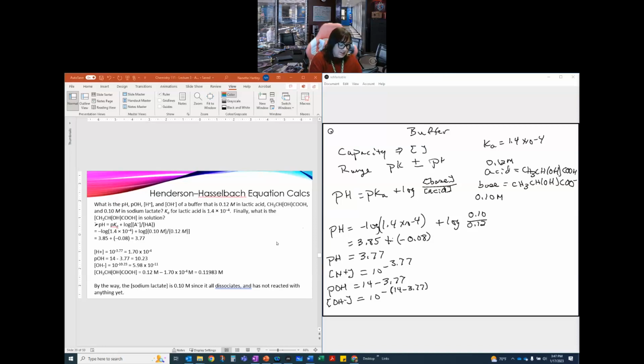So since that's my H plus, I know that's how much of it has come apart. So I do the correction, 0.12 minus that X, that gives me 0.11983. Sodium lactate is 0.10 molar since it all dissociates and has not reacted with anything. Okay, so that's how I know what that concentration is.